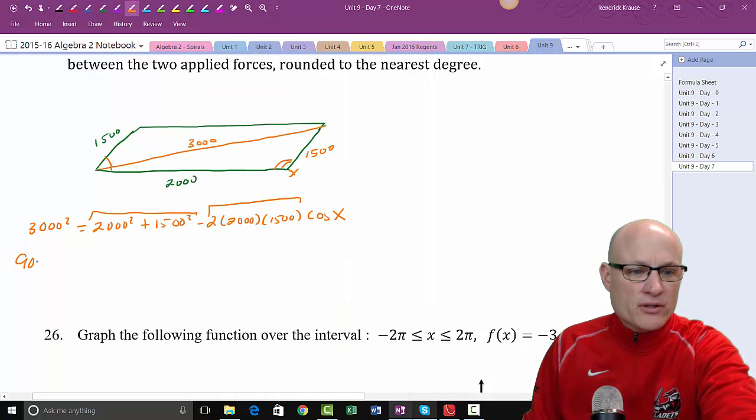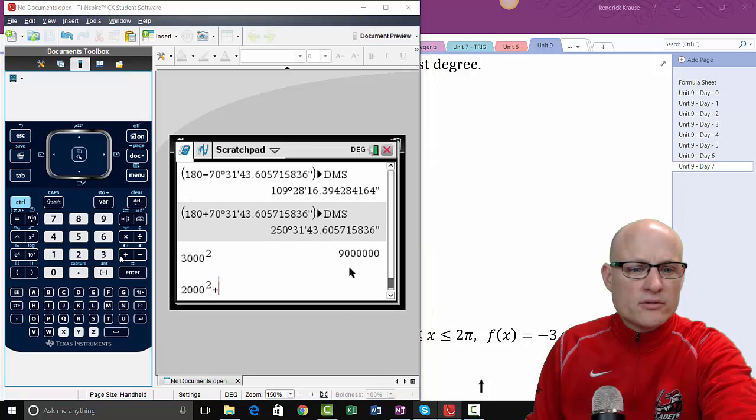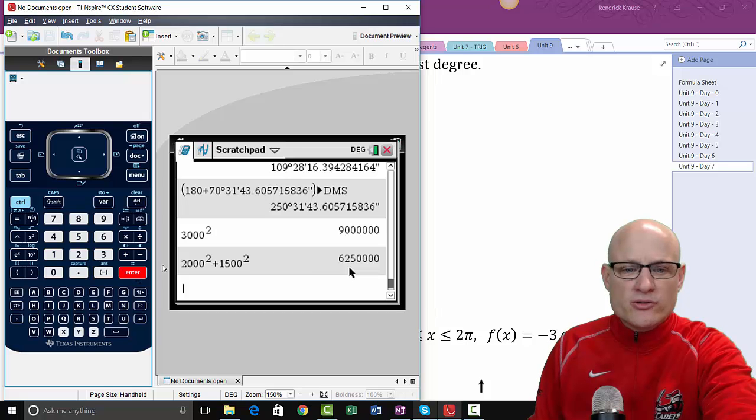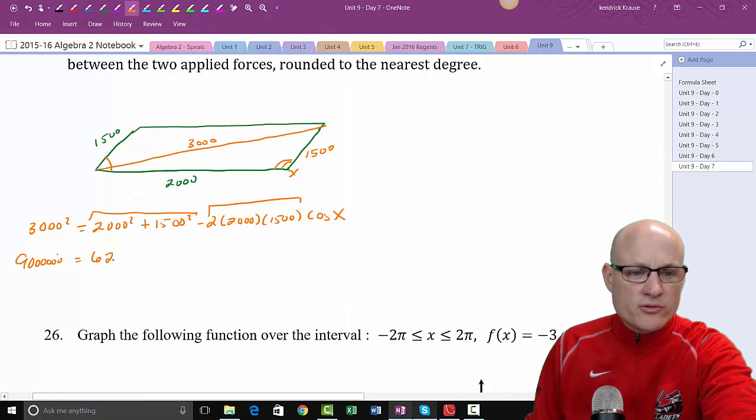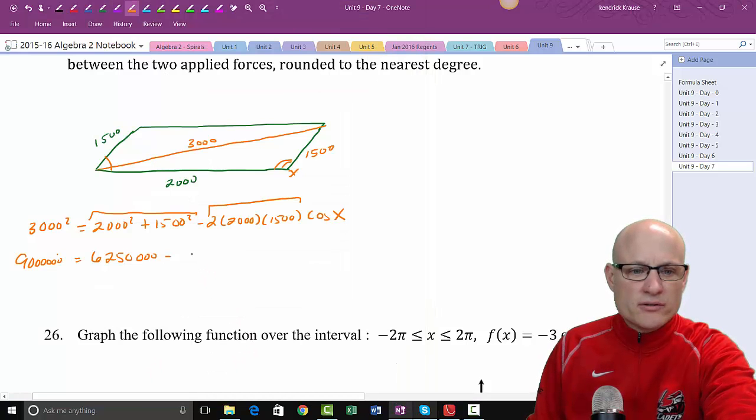So 9 million equals 2,000 squared plus 1,500 squared. 6,250,000. I think I got an extra. Nope, that's right. Minus 2 times 2,000 times 1,500. 6 million.